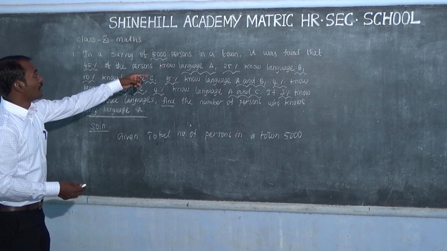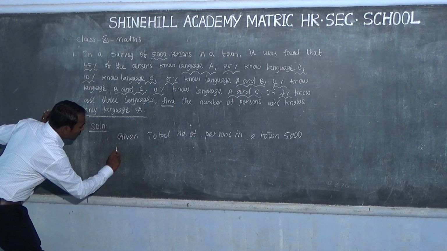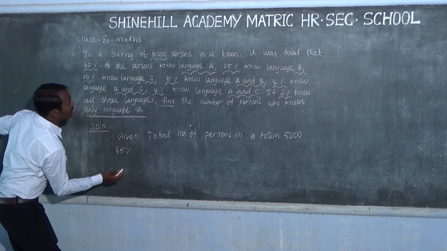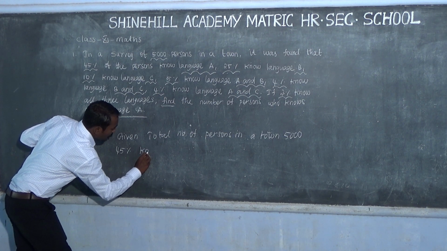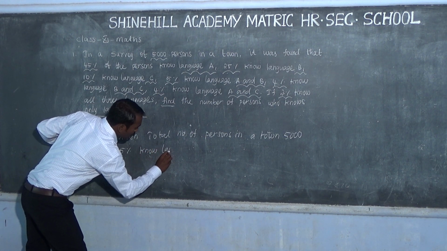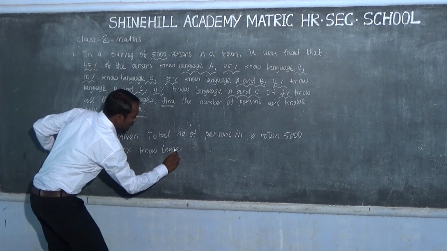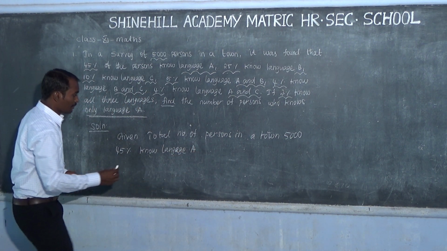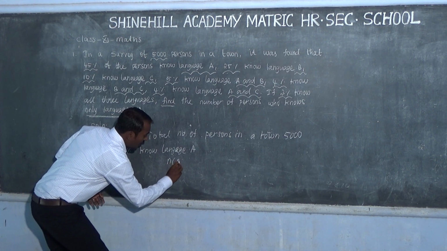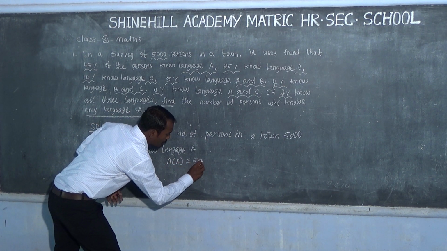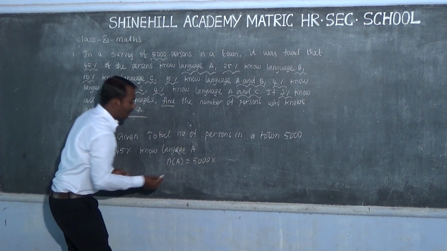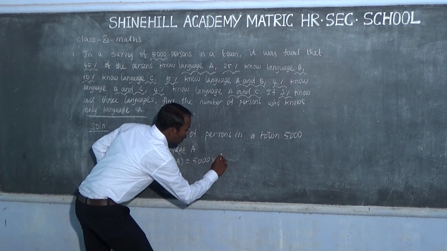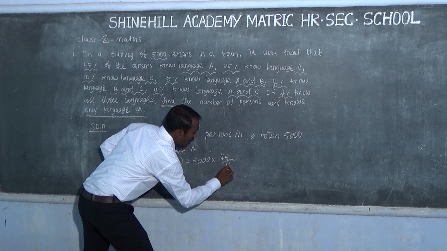Then 45% know language A, that is the second value. So n(A) is 5,000 times 45 by 100.